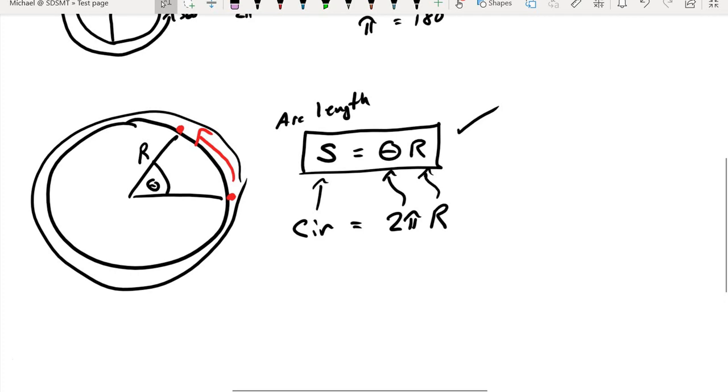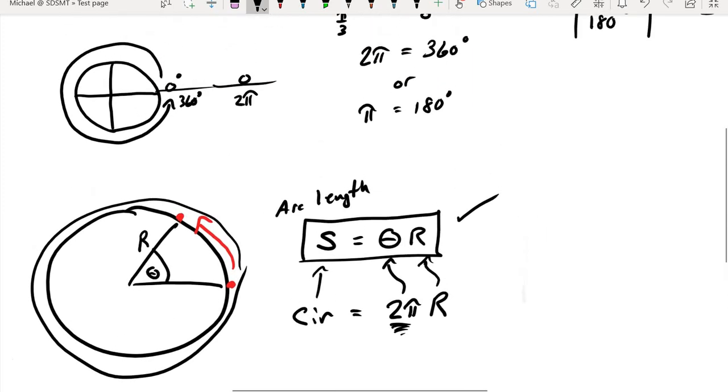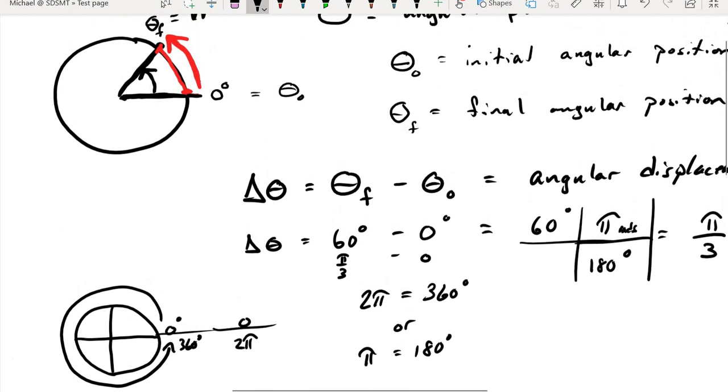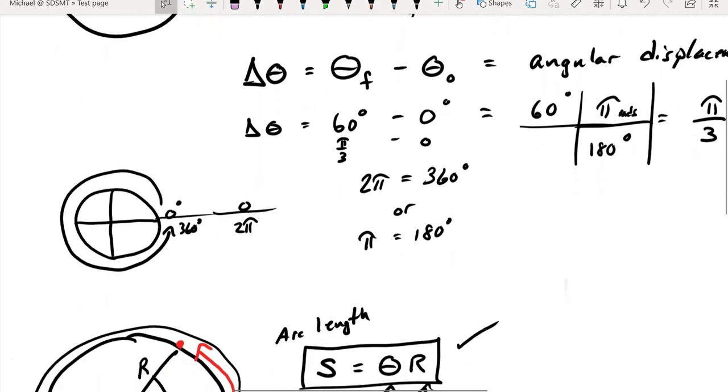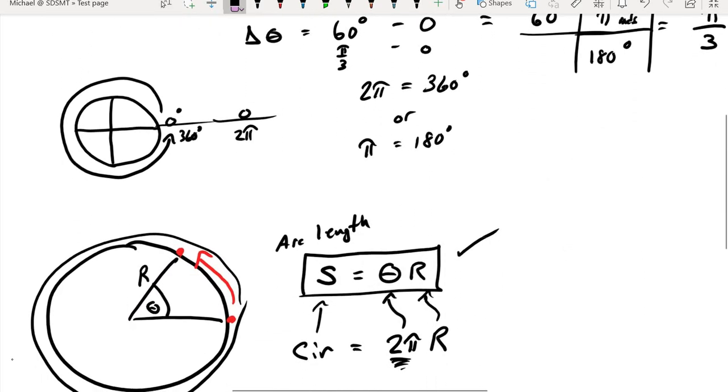And in order for arc length to work, as we're very familiar, we have to use 2 pi, which is in radians, and we use that to get the circumference of a circle. And so by that same argument, we're going to have to use radians for all of the other angle measurements that we're going to use in Chapter 10.